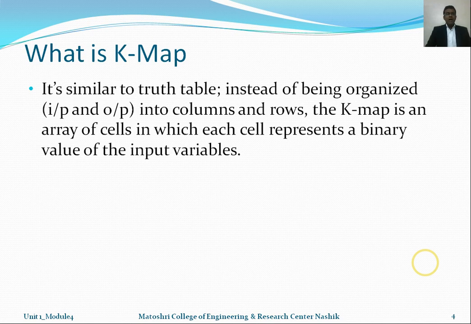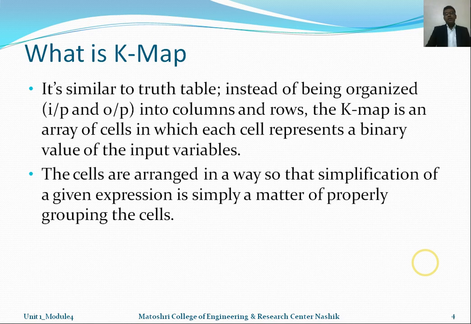The cells are arranged in such a way that simplification of a given expression is simply a matter of properly grouping cells. In a K-map, the grouping of cells is important, and how we can make the groups and the priority of grouping, we will see in detail in the following slides.